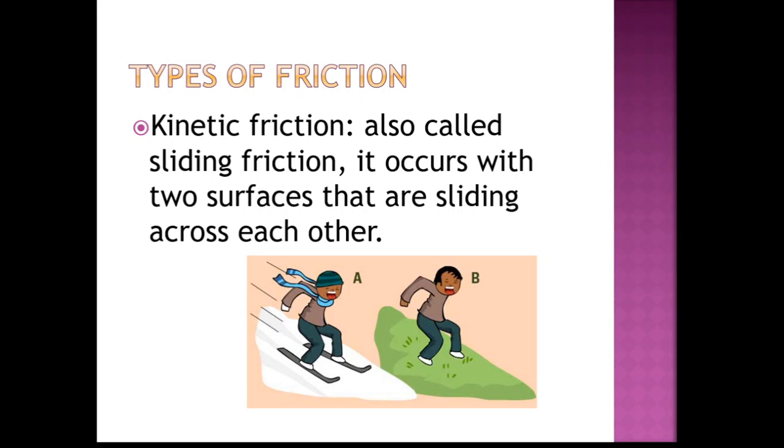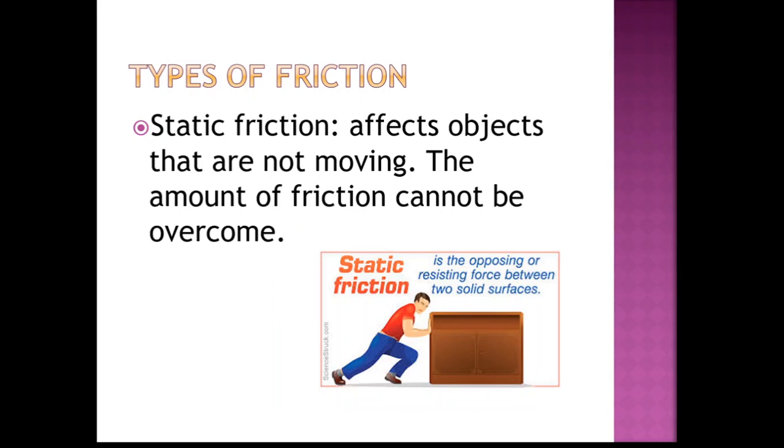There's types of friction. You have kinetic friction, and that's also called sliding friction. And it occurs when two surfaces are sliding across each other. And then static friction affects objects that aren't moving.